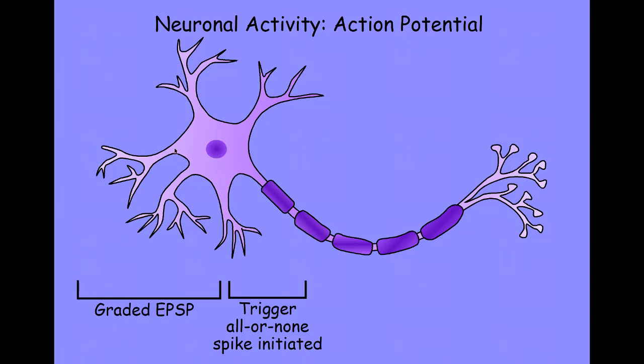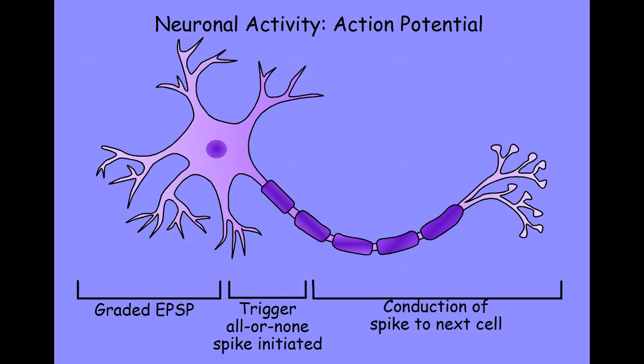If there's significant input into these dendritic branches, it travels down into the cell body and starts to depolarize the cell body as well. If the cell body gets depolarized here at the axon hillock, where our axon leaves the cell body, and that depolarization reaches maybe 10 millivolts, so that we're at negative 55 millivolts, that will trigger an all or none spike that will travel down the axon.